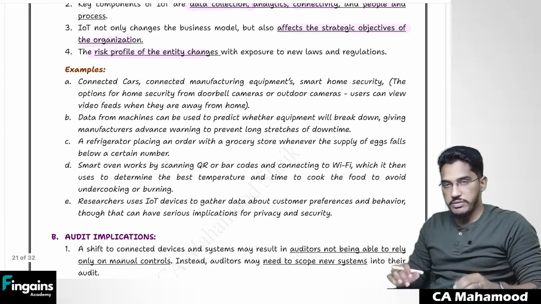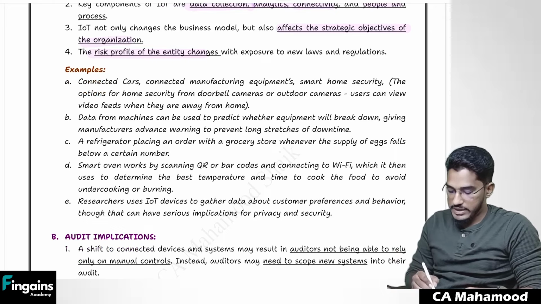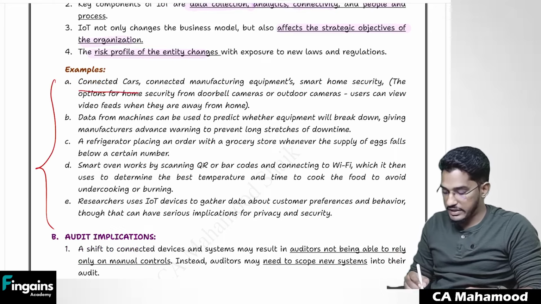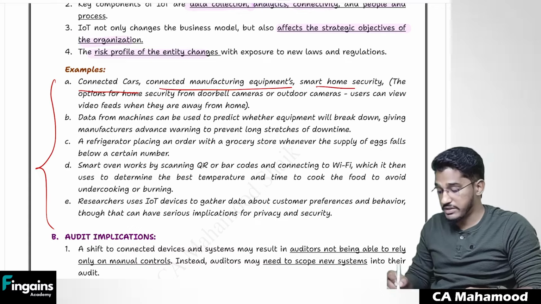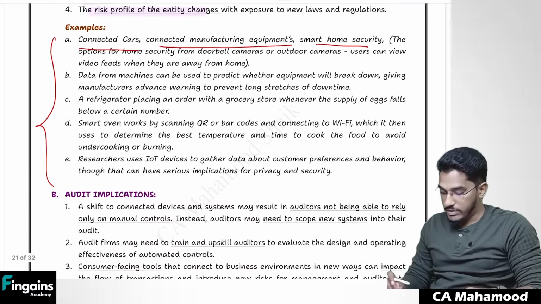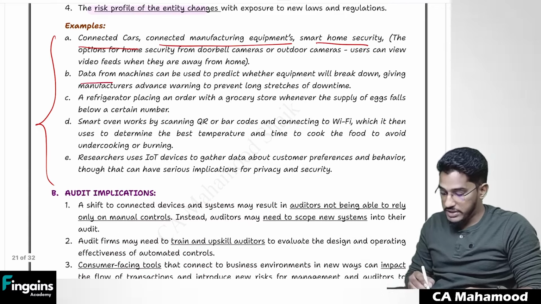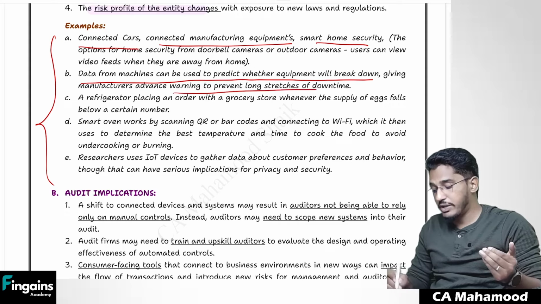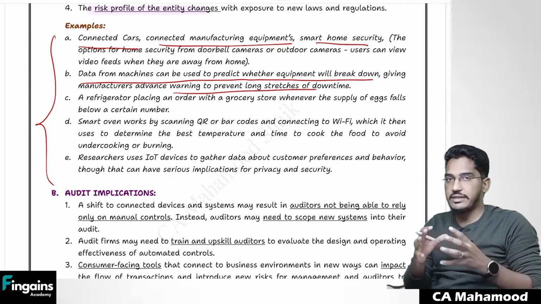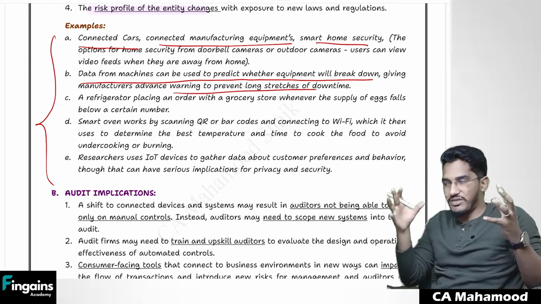Now examples are going to be very important here. So there are a few examples of this Internet of Things, like connected cars, connected manufacturing equipment, smart home security, and also data from machines can be used to predict whether equipment will break down, giving the manufacturer advance warning to prevent long stretches of downtime. So like that, multiple components of one entity are connected, not just at the personal level.